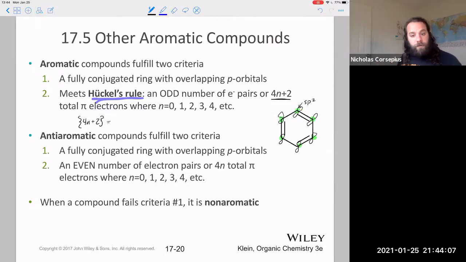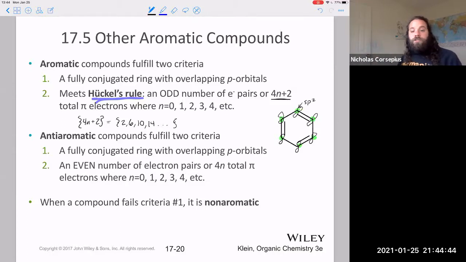So if you plug in n equals 0, that gives you 2. If you plug in n equals 1, that gives you 6. If you plug in n equals 2, that gives you 10. If you plug in n equals 3, that gives you 14, et cetera, and this could go on to infinity, right? 4n+2 is shorthand for this series of digits: 2, 6, 10, 14, and the next would be 18, 22, et cetera.